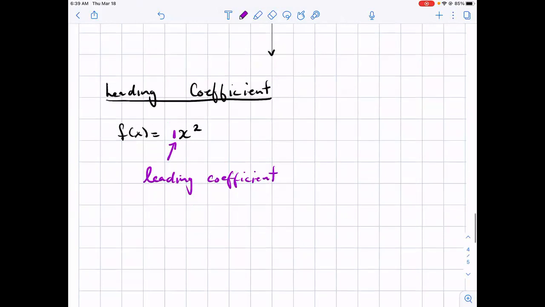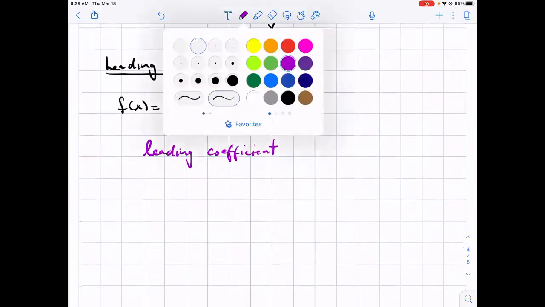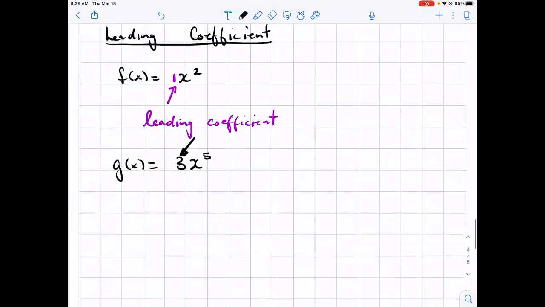If I tell you g of x is equal to 3x to the fifth, this here is my leading coefficient. So the leading coefficient is that number, the number in the polynomial with the highest degree.